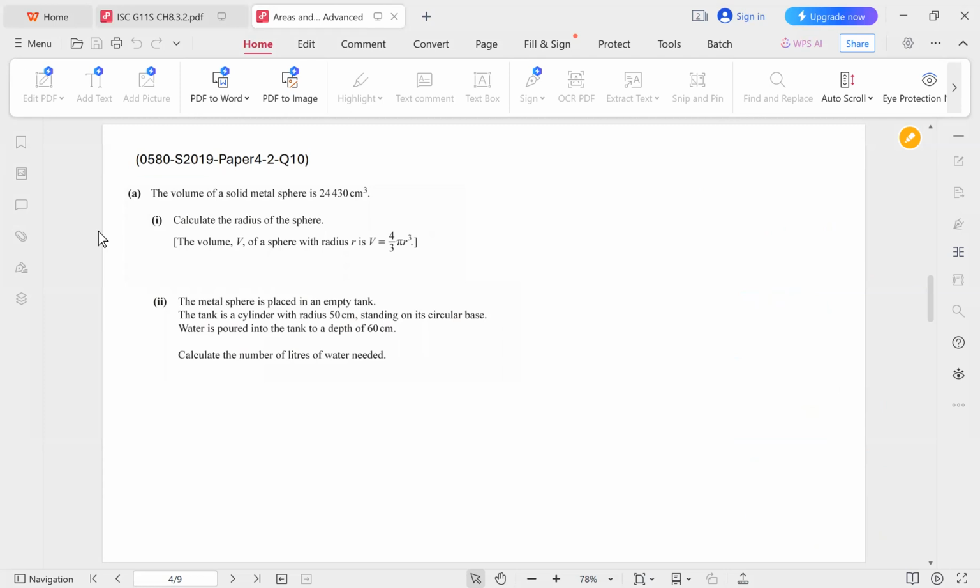The volume of a solid metal sphere is 24,430 centimeters cubed. Calculate the radius of the sphere, and you're given the formula for the volume, which is 4/3 pi r cubed. So V equals 4/3 pi r cubed, 24,430 equals 4/3 pi r cubed.